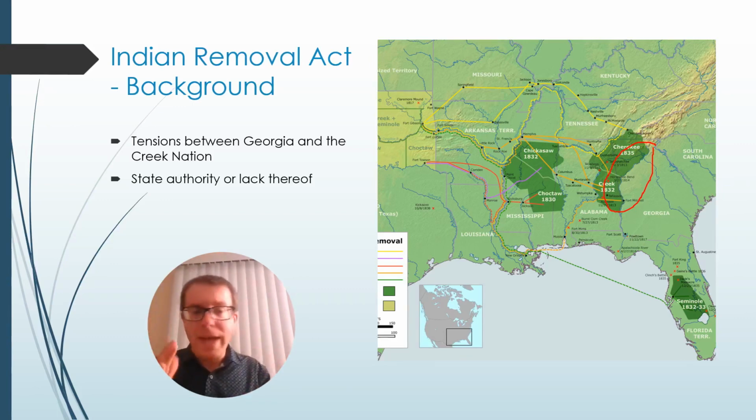For example, William McIntosh was a prominent Creek politician, and he actually had relatives in the Georgia state government. And he ends up signing a treaty with the state of Georgia, selling all Creek Nation holdings in Georgia.